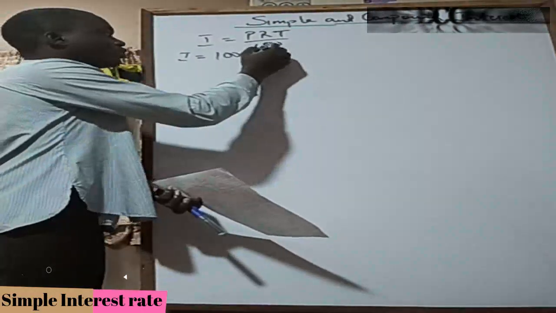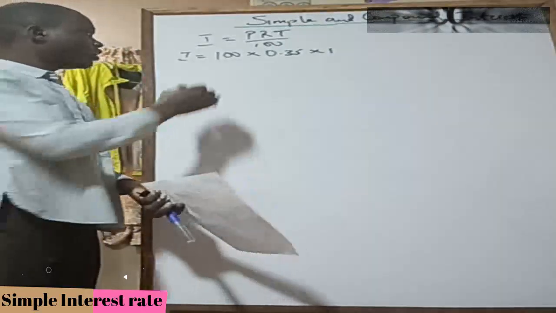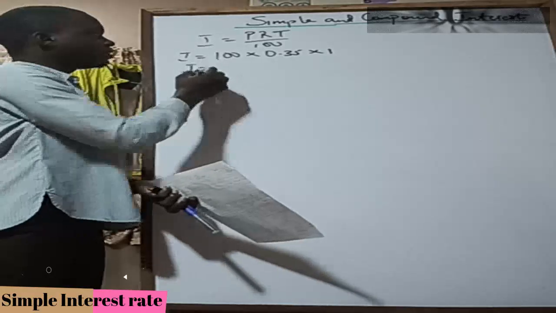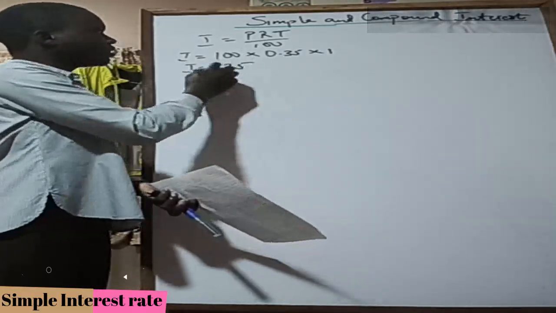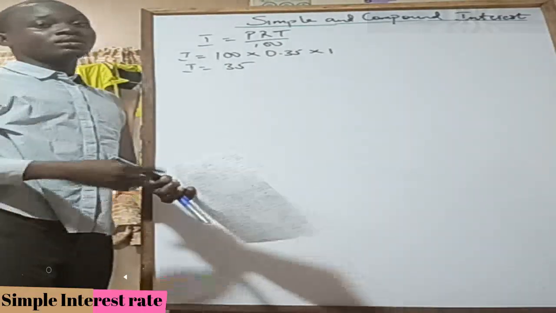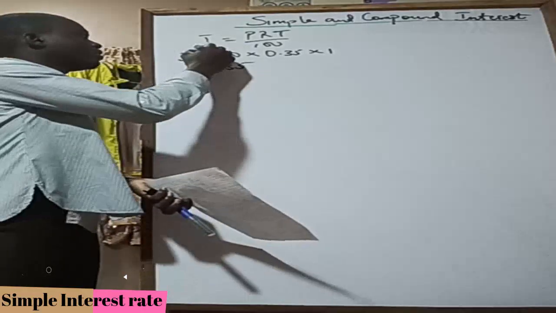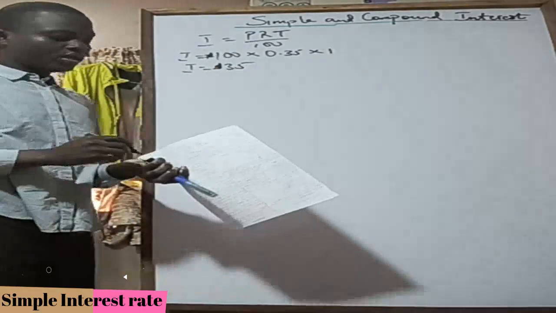So I just multiply by 0.35. Then for a given year, as 1 year, my interest at the end of the day is going to be 35. So after a year, I'm going to be paying 35 naira. So if this was 100 naira that I borrowed, I'll be paying 35 naira interest on it.